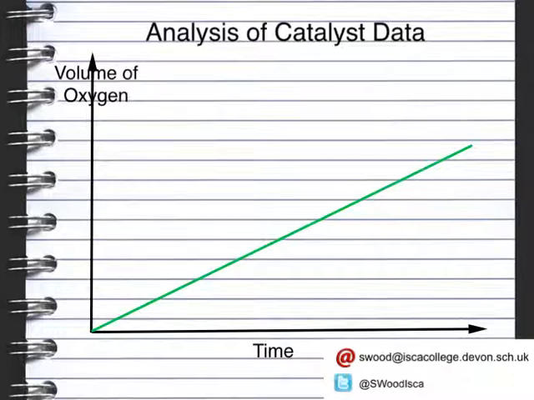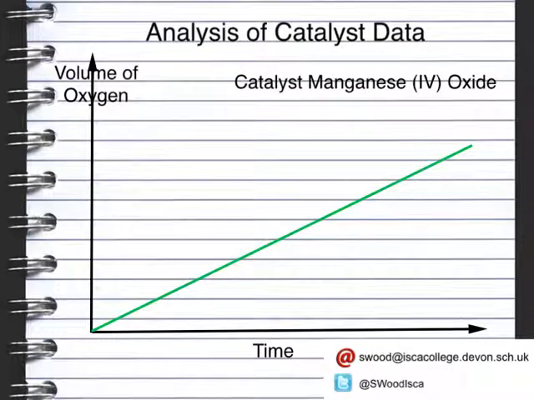The best one that you can use is manganese(IV) oxide. What the manganese(IV) oxide will do is increase the initial rate, so it makes it faster at the beginning, and then eventually it will slow down as the reaction comes to an end.